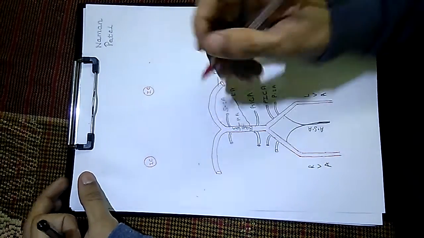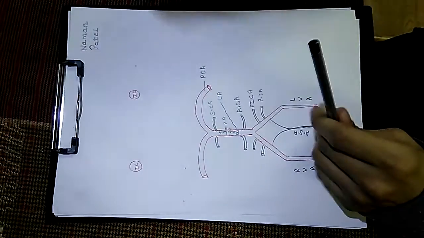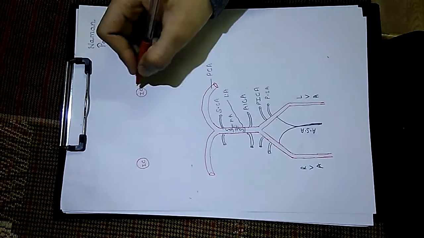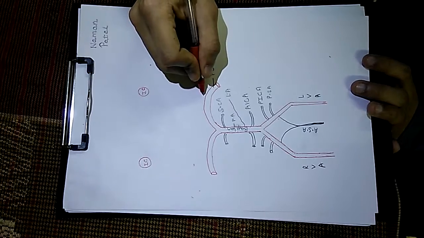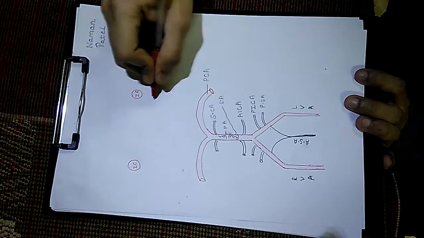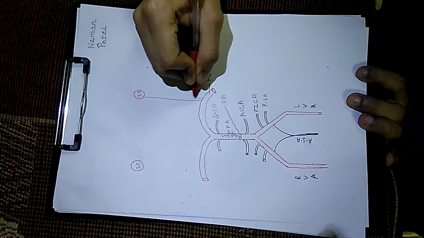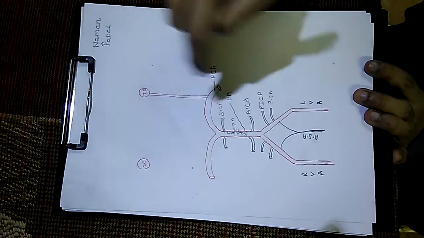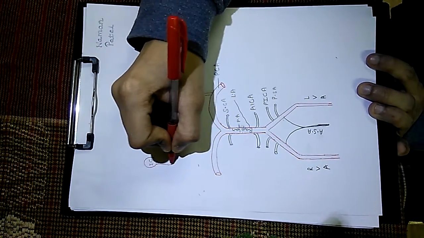Okay, now from this internal carotid, I told you in my earlier video that there is an artery branching out from the internal carotid and going to join the posterior cerebral artery, right?